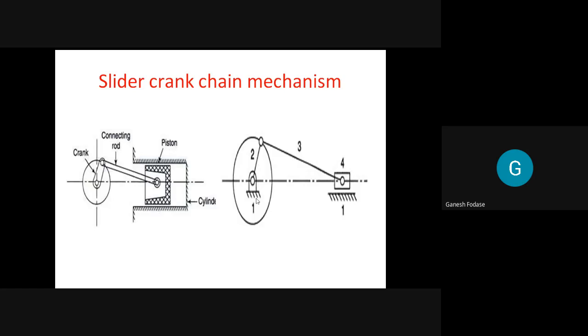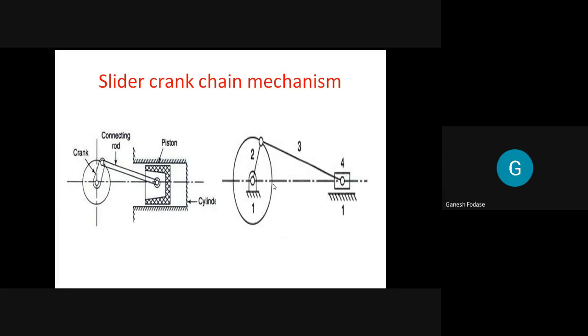Before introducing link, I'll call it as elements, or you can say bodies. So there are 4 links. Let's say link number 1, which may be a frame, link number 2, which is crank, link number 3, connecting rod, and a piston. So what this mechanism do basically, you can see when I give some motion to this link number 2, let's say I rotate this link number 2 by using some motor or some external source.